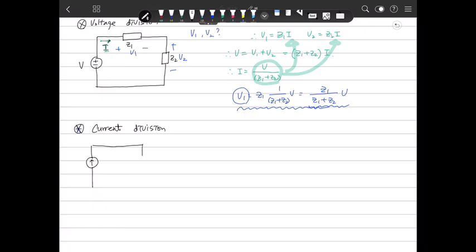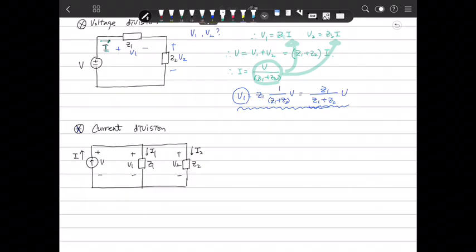So this current source, one impedance and another impedance are connected in parallel. This is a G1, this is a G2. And this voltage is V1. Let's say this is V2, and this current is I1. The current is I2. And we define this voltage V, and current I.